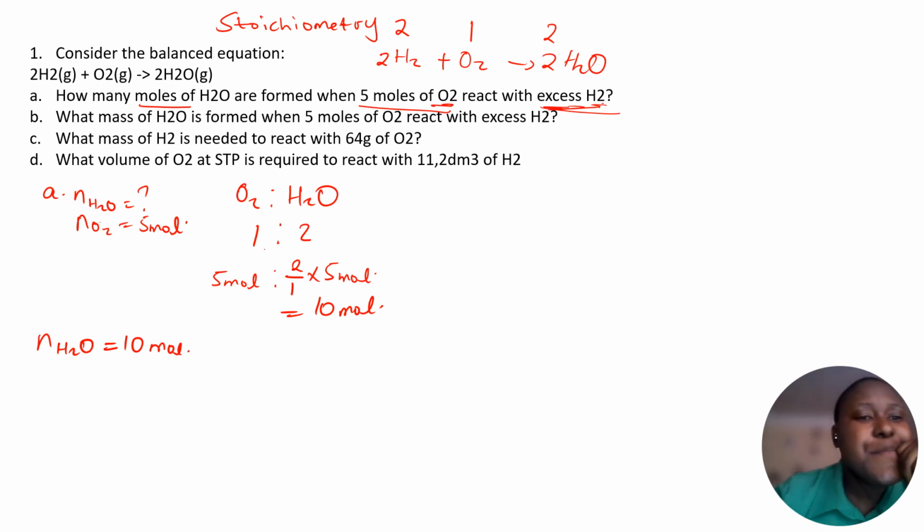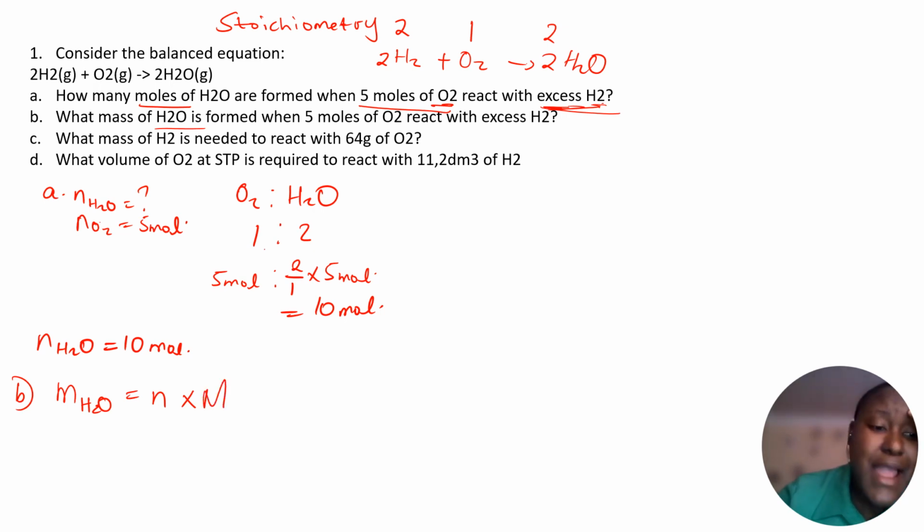B says, what mass of H2O is formed when 5 moles of O2 reacts with excess H2? So you've calculated the number of moles. Now they want the mass of H2O. B, mass of H2O equals number of moles multiplied by the molar mass. You know the formula by now, there's no need to go through it again. The number of moles is 10, multiplied by the molar mass.